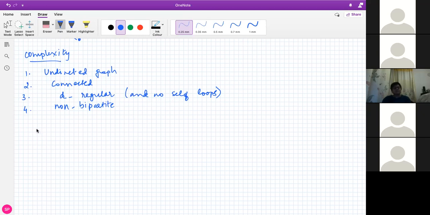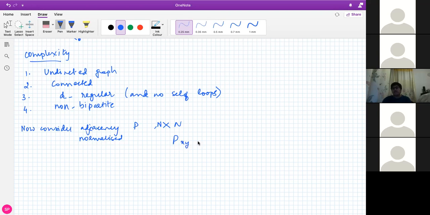Now consider an adjacency matrix P of size n cross n, but this adjacency matrix is going to be normalized. What do I mean by that?